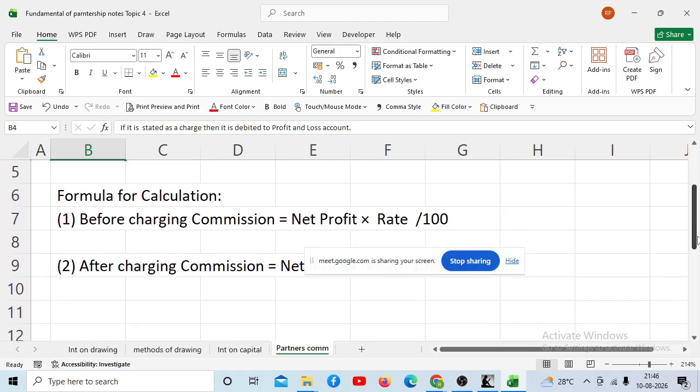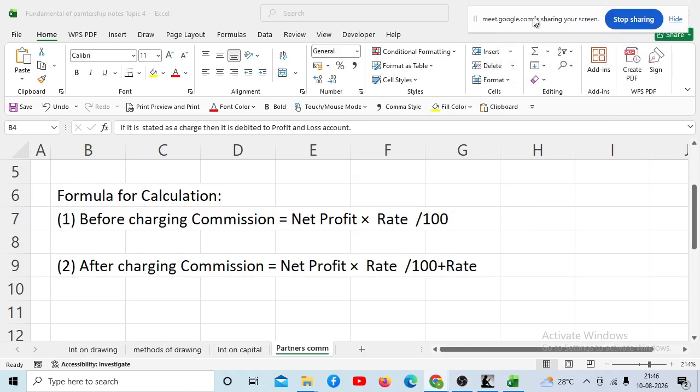Now this is the formula for calculation. Suppose they mention that we have to calculate on the profit before charging commission. This is the normal thing, whatever profit we get is always before charging commission. In that case it will be net profit into rate upon 100. Like suppose the rate is 10%, it will be net profit into 10 upon 100. Sometimes they will tell you to calculate on the profit after charging commission. In that case the formula will be net profit into rate upon 100 plus rate. Why?